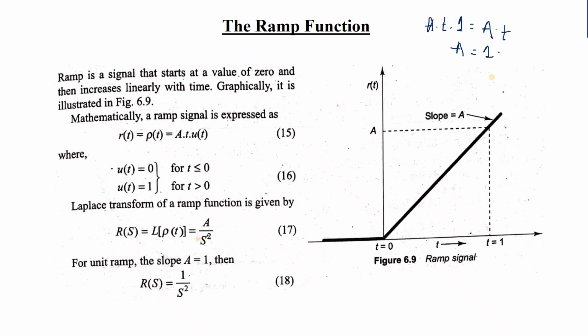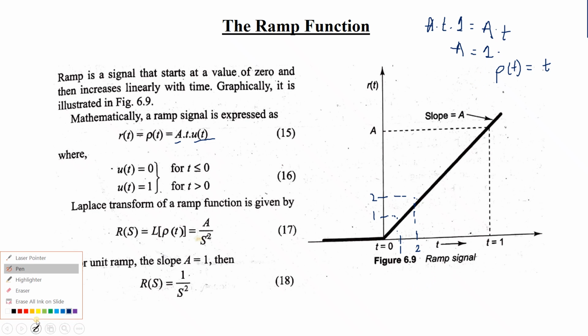If a is 1, then rho(t) will be only t. So at 1 second this will be 1, at 2 seconds this will be 2, which means it will be linear.